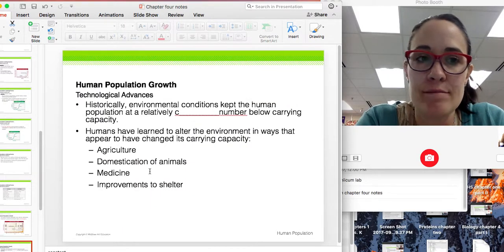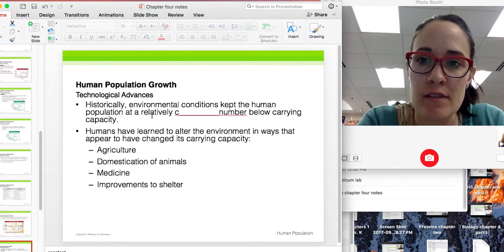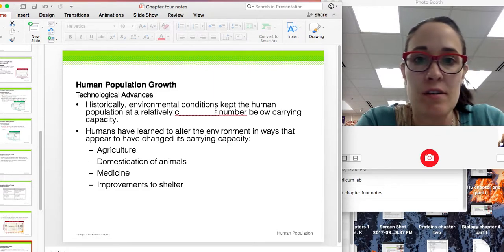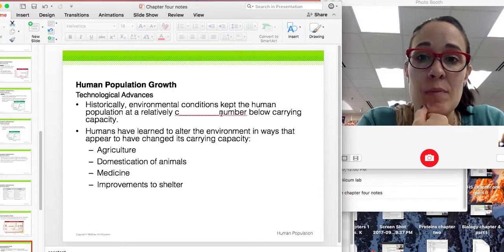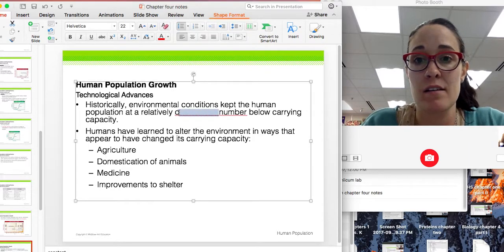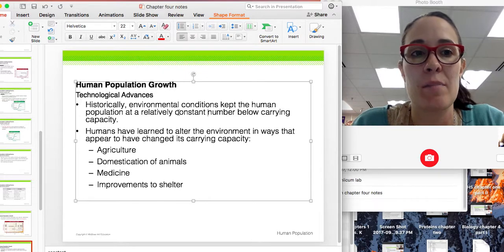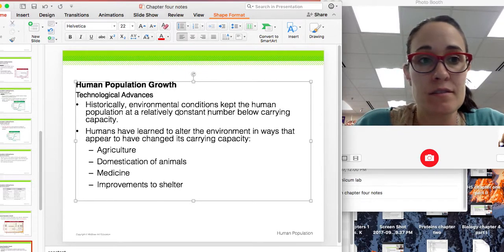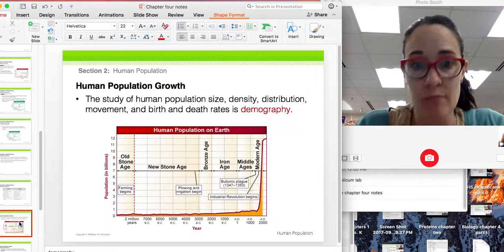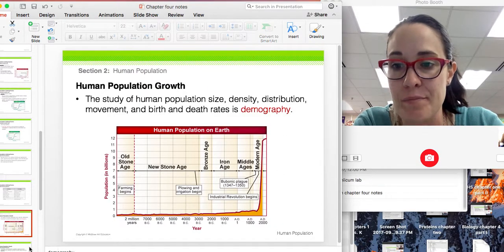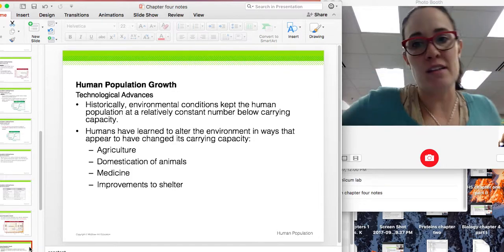So why the exponential growth then? Environmental conditions before that kept the human population at a relatively constant number, or below carrying capacity. But we saw that large jump, right? Way down here to way up here. Why? Many advances.